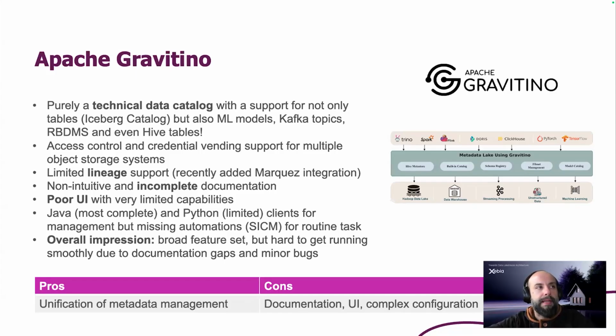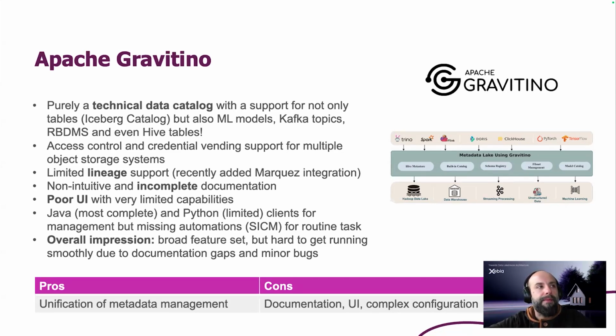It also, of course, has access control and credential vending. That's the de facto standard for all the technical data catalogs presented here. It has some limited lineage support. It has been recently added using OpenLineage, and recently some integration with Marquez was added.